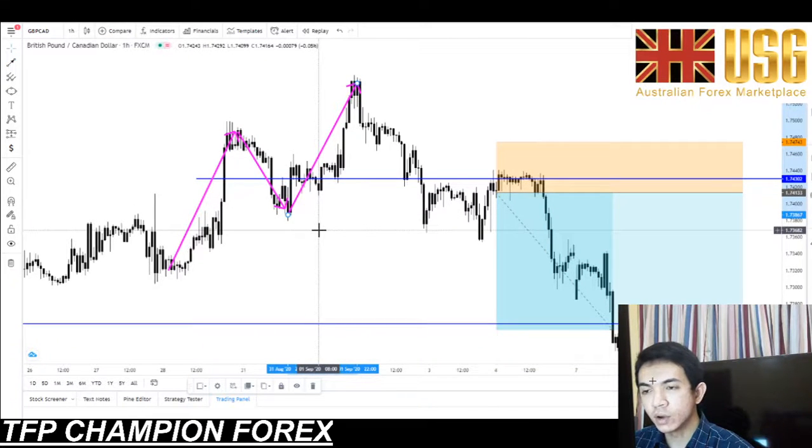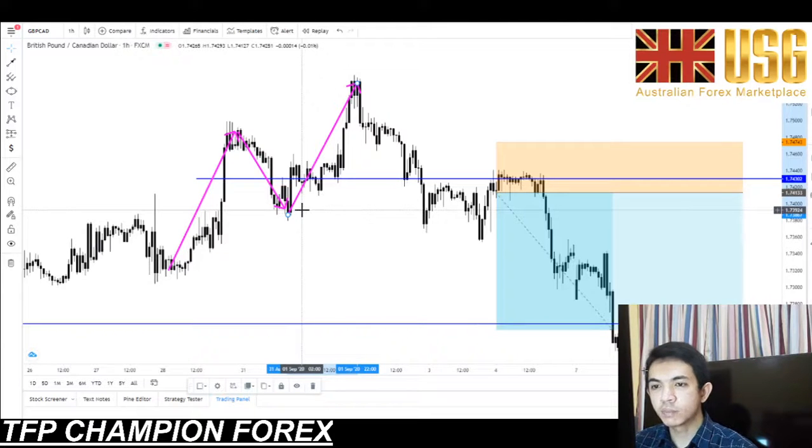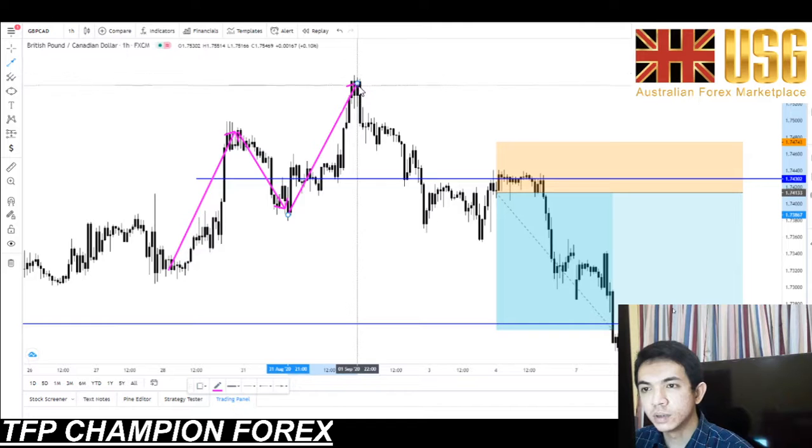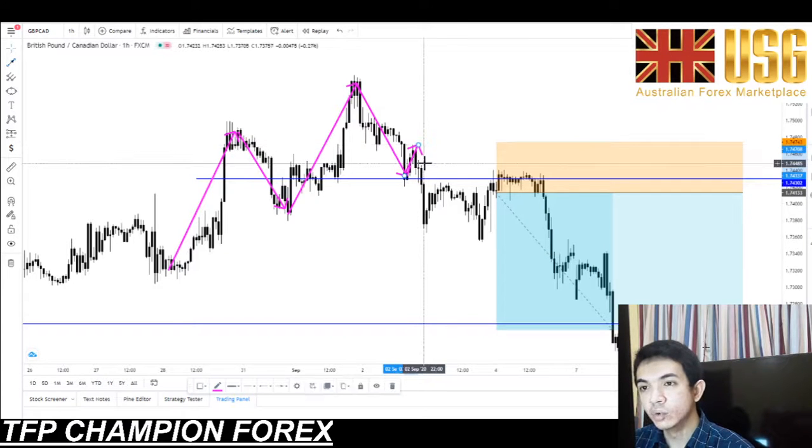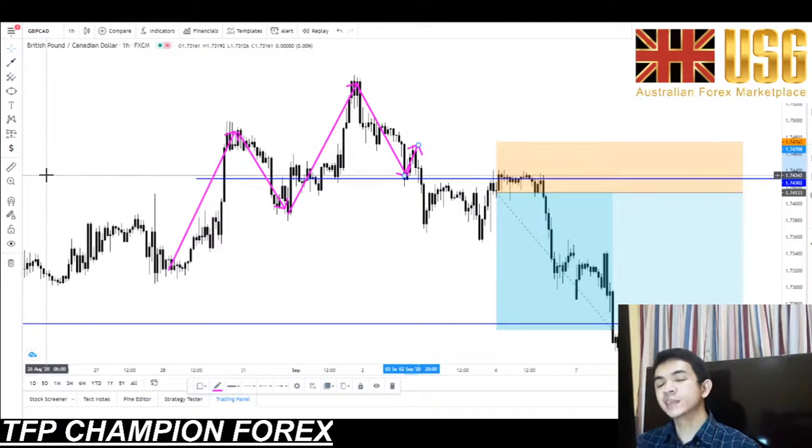However, the price broke and formed still another higher low, but it formed a lower high. That gave me an indication that the price momentum was now shifting towards the downside.